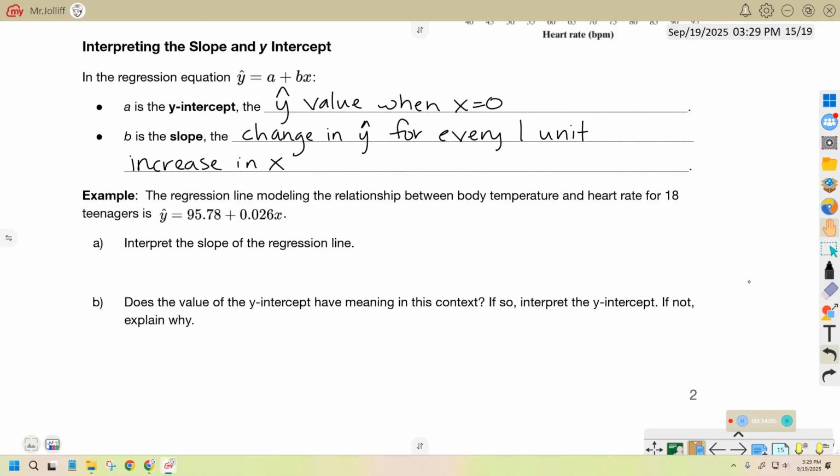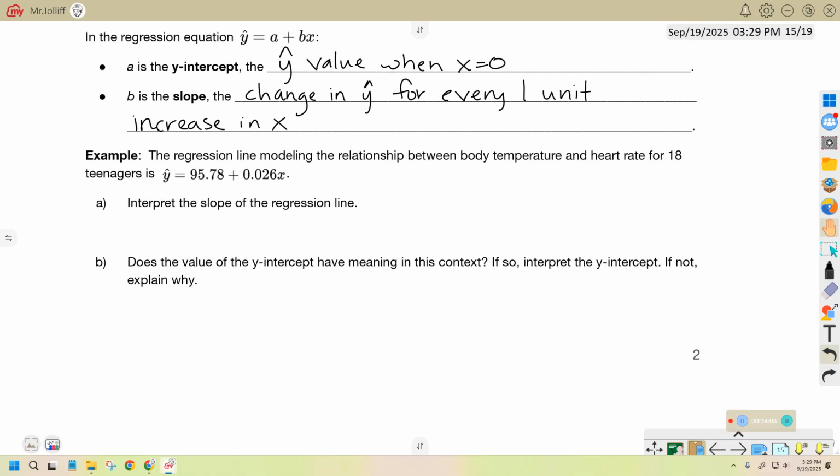So we're going back to our regression line that's modeling the relationship between body temperature and heart rate for a sample of 18 teenagers. It says y hat is 95.78 plus 0.026x. It says interpret the slope of the regression line, which means I have to know what the slope is. Nancy, in that equation, can you tell us which of those two numbers is our slope?